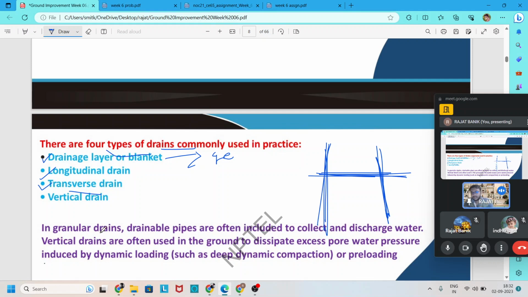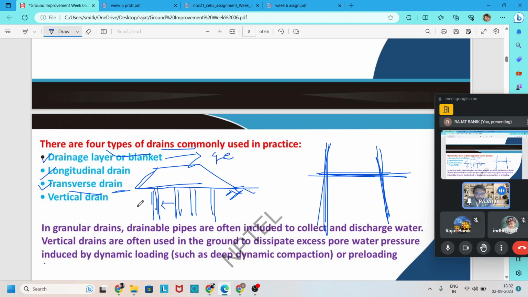This drain is sometimes used for consolidation purposes. That means in consolidation, if a preload is applied, excess pore water pressure is developed below the surface. If we remove this excess pore water pressure by some arrangement, one of the best arrangements is the vertical drain.